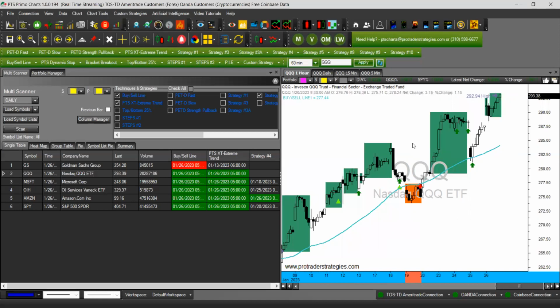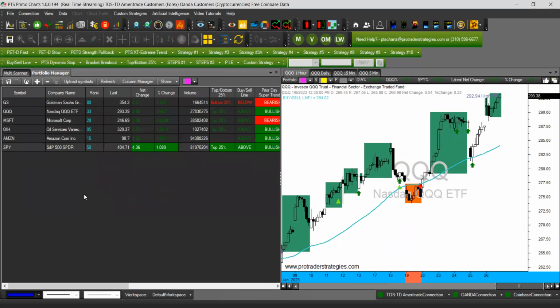One last thing for today is that sometimes if I'm using the mouse and I go to the multi-scanner, or if I go to the portfolio manager, then you may notice that these options are kind of grayed out. What are the options that are grayed out when I'm on a multi-scanner or portfolio manager? All of the icons on the second row of icons. The place where you change the symbol is grayed out, but also if you go to the strategies, all of it is grayed out.